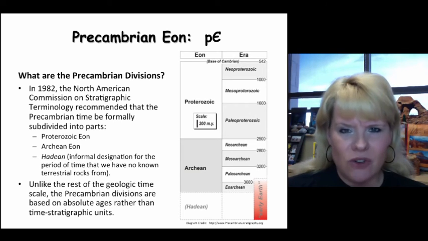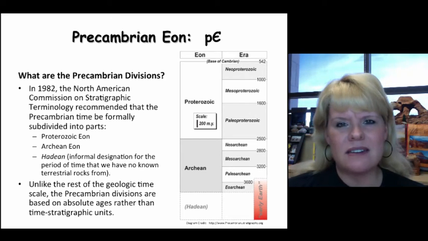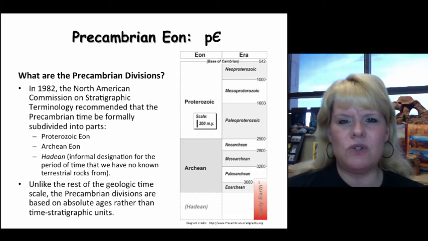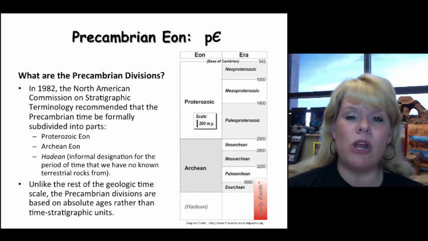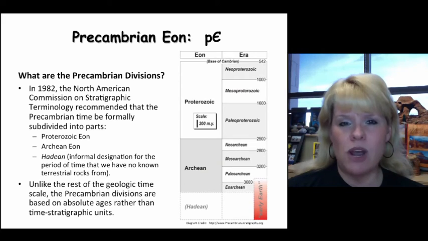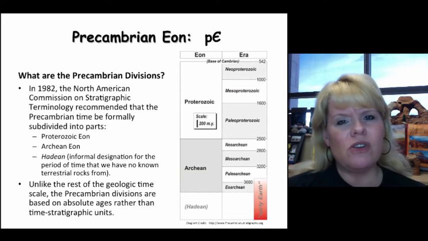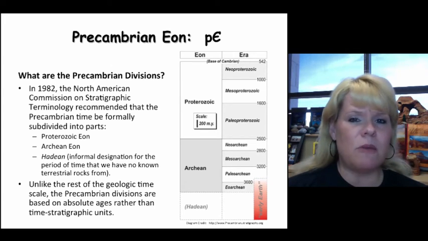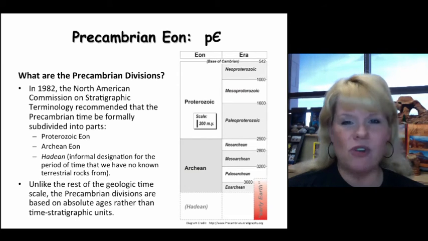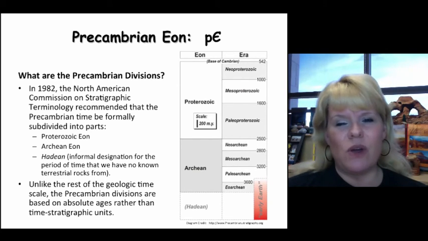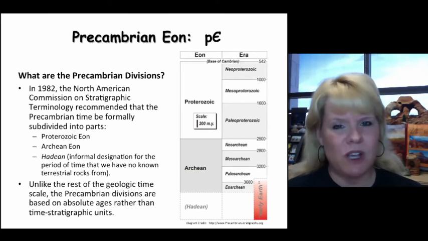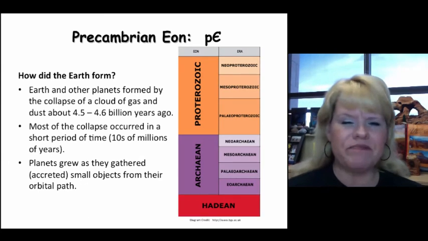These are pretty standard in most time scales: the Precambrian starts with the Hadean, which goes to 4 billion years of age, so somewhere between 4.6 to 4.0 billion years, and then the Archean is 4.0 to 2.5 billion years, and then 2.5 billion years for the Proterozoic up until 542 million years, which is the marker that stops the Precambrian and moves into the Phanerozoic. So we'll talk about why once we get to the Proterozoic eon.